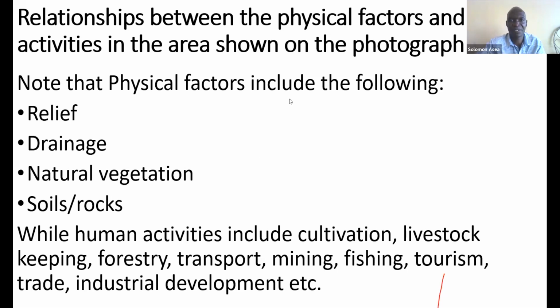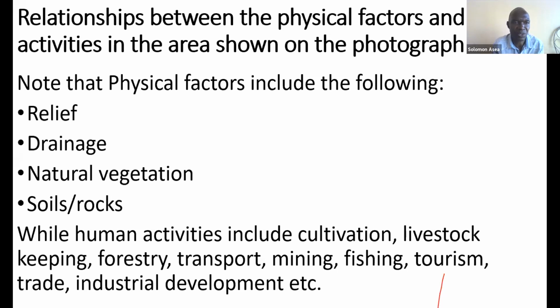Now, let us note that physical factors include the following: drainage, natural vegetation, and soils or rocks, because rocks could go hand in hand with things which make up the physical environment. That's why there are times you could have seen questions, describe the relationship between relief and land use.